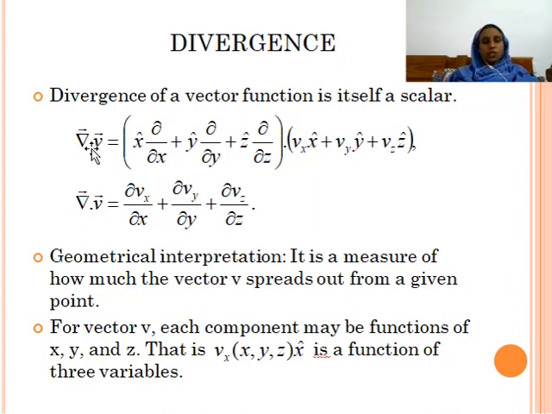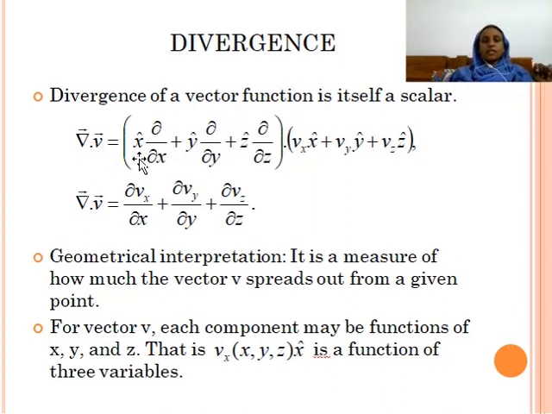That is why we put a dot here, del dot v. Since this del is an operator, this is not equal to v dot del. Remember that: del dot v is not equal to v dot del. Both are different. In the case of v dot del, this del is a naked operator. It waits for somebody to come and act on it. At the same time here, this del operator acts upon v, the vector function v.